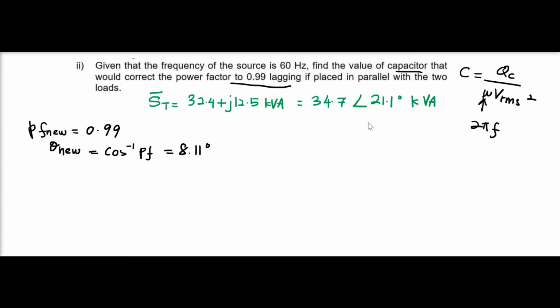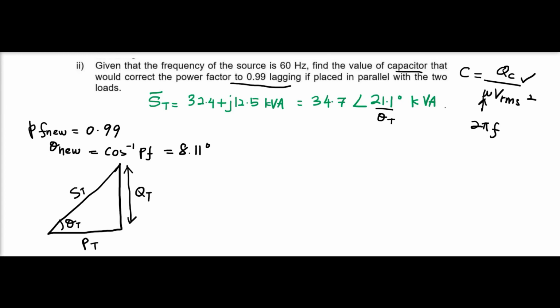Now how to get QC? Relate it with the power triangle. Here is theta total, which comes from the previous calculation. Here is Q total, this is P total, and S total.